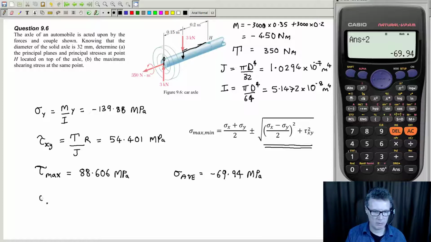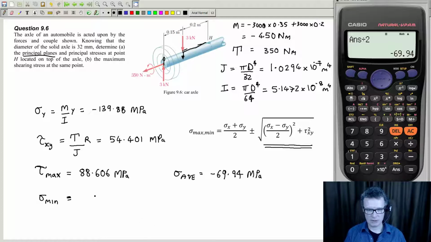So my minimum stress on the element, I've been asked to find the angles. Oh, principal plane. Yeah, I have to do the principal plane as well.